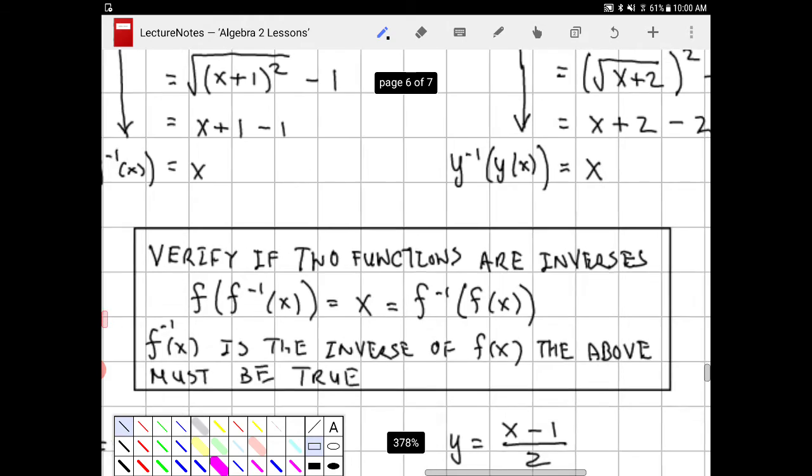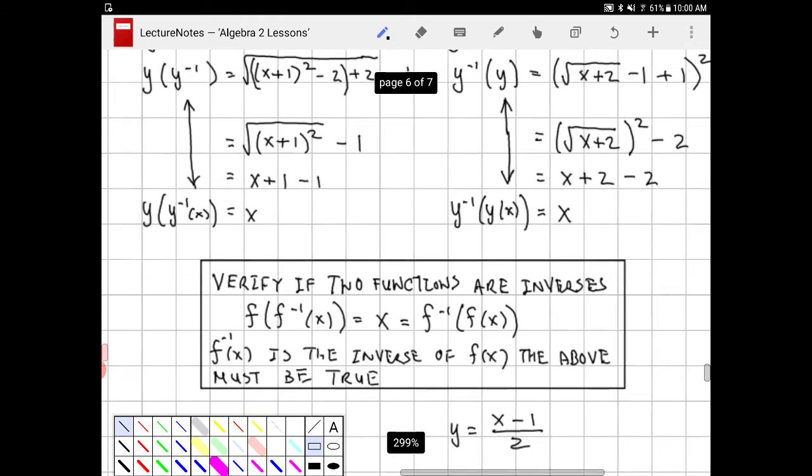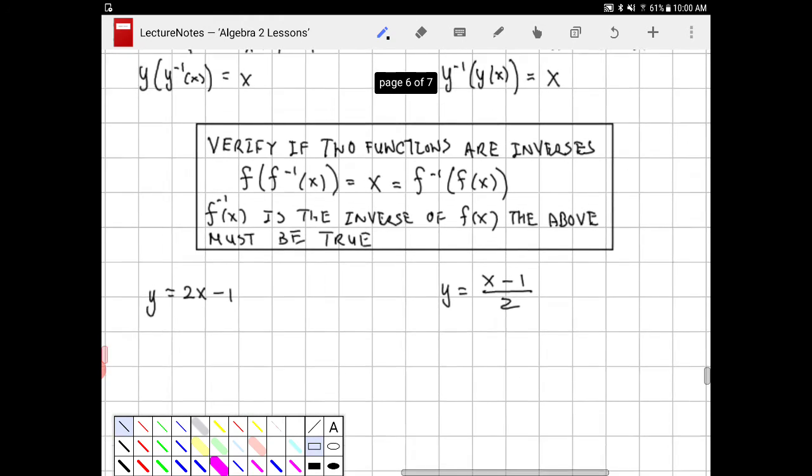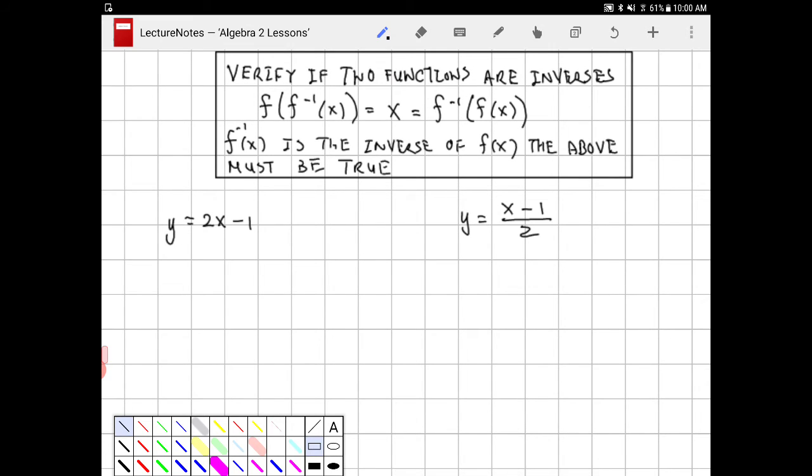Let's try to apply this, okay, for a third example. So now let's try to verify whether or not these two are inverses of one another.